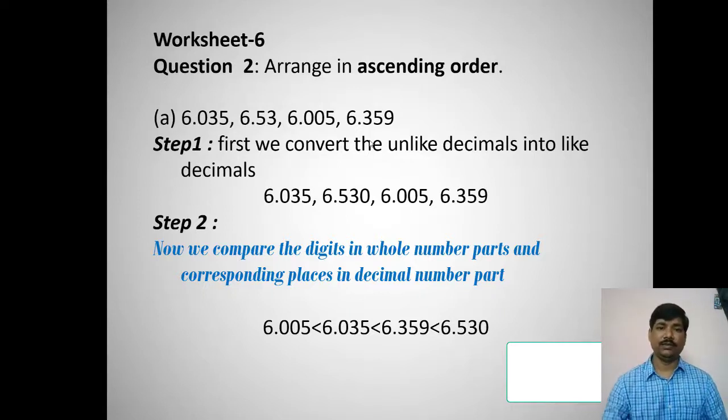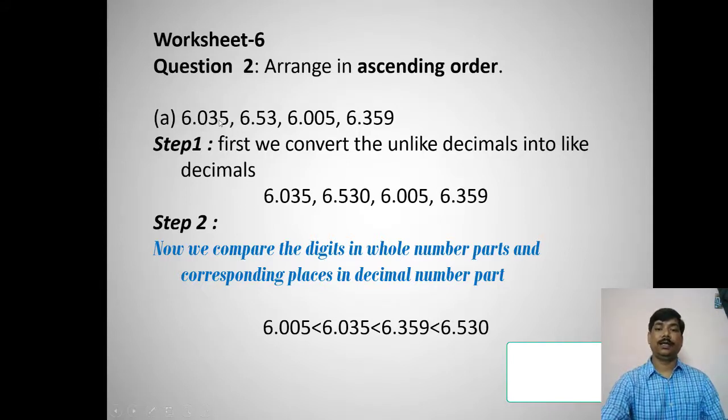These are the unlike decimal numbers. Why? Because the number of digits in the decimal parts are not the same. So to write in ascending order, first we write these numbers as like decimal numbers.